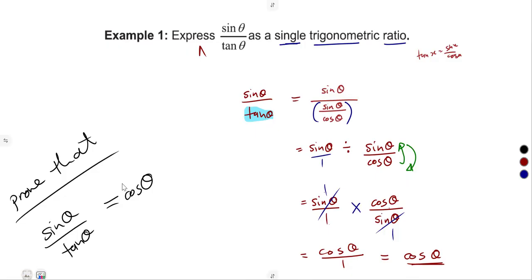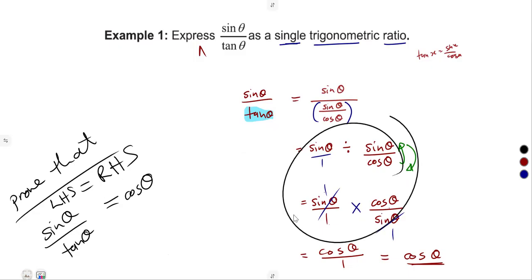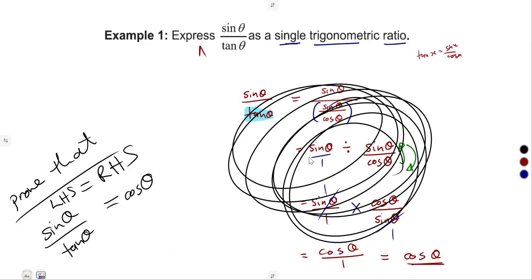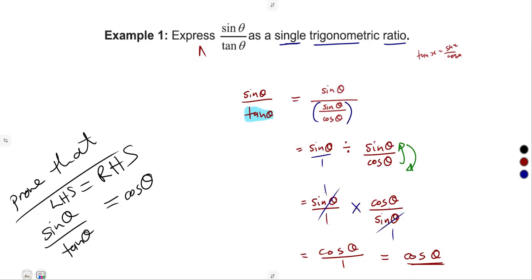Only that there you are given an answer. They want you to show that exactly what is on the left-hand side is equal to what is on the right-hand side. That's the only thing. But already you've been simplifying before, only that you were not given the answer.